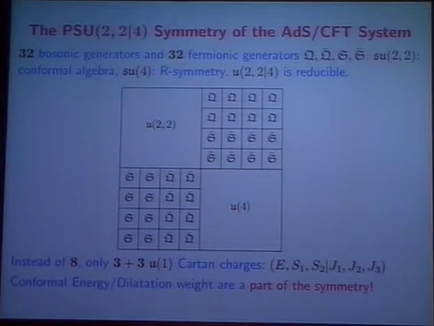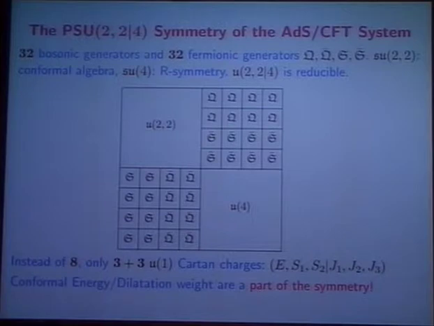Now, instead of what you naively would think, 8 Cartan charges, there's actually only 6. You have to get rid of a so-called central charge and some hypercharge. And then the 3 remaining Cartan labels are precisely these sort of angular momenta I just explained. I mean, the energy in the time direction, 2 spins on AdS, and then 3 spins or angular momenta on the 5-sphere.